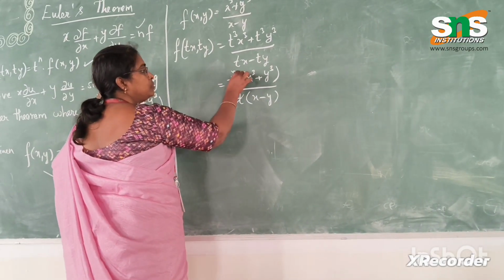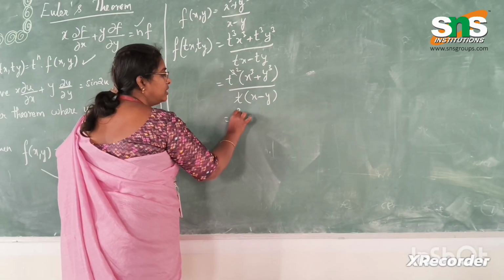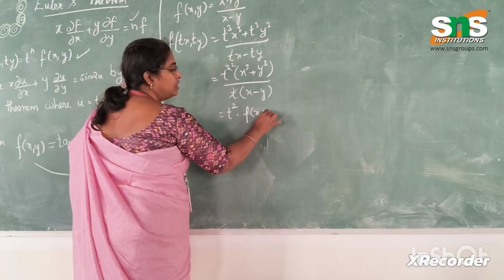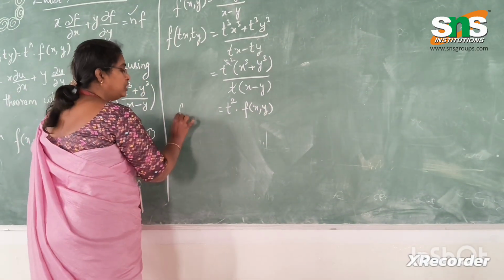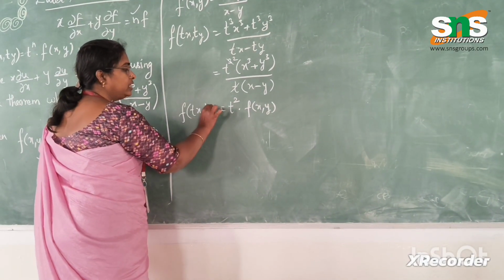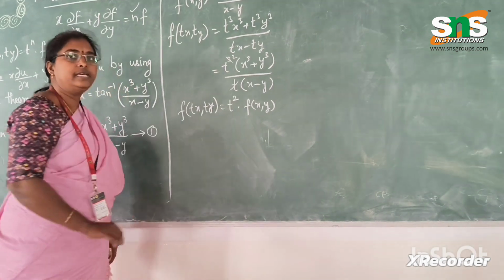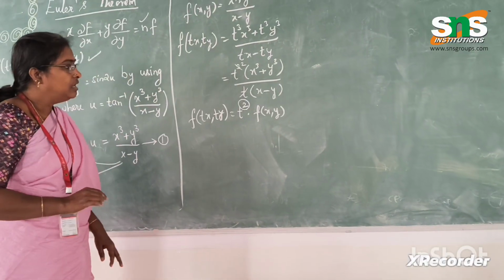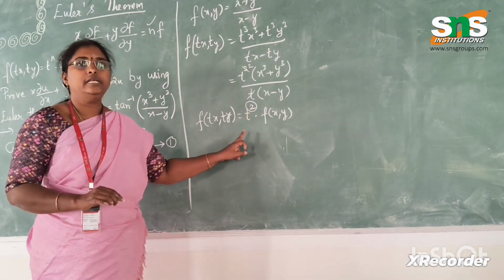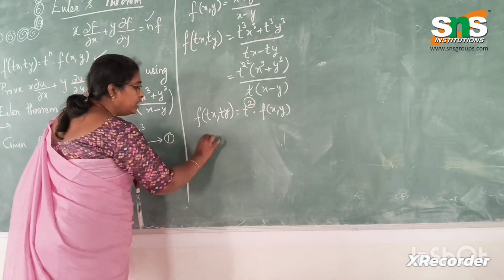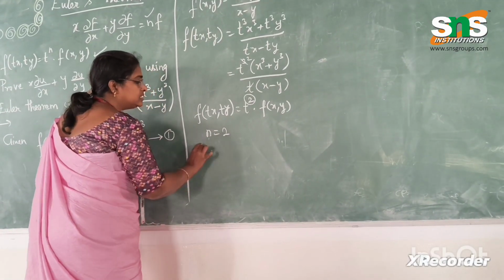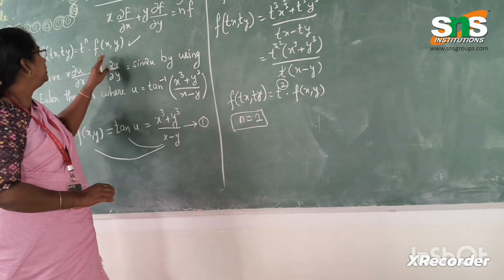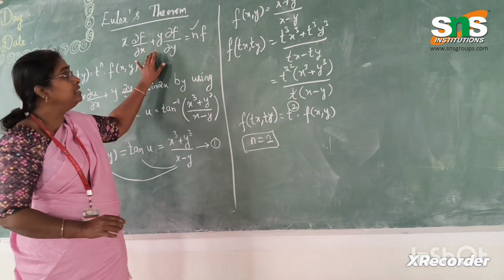We can cancel, leaving t power 2 into this term, which we can write as f of x, y. Instead of x and y we replaced tx and ty, and we got the power n, so n equals 2, the degree. Using this n value, the homogeneous condition is satisfied. Next we can continue and solve using Euler's theorem.